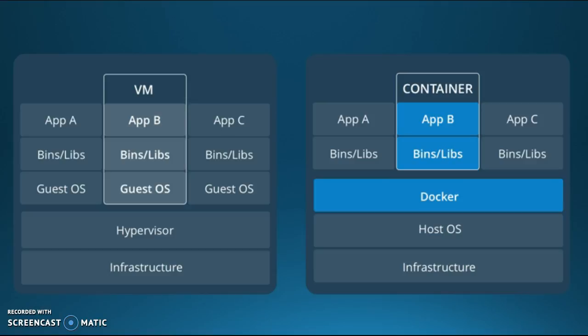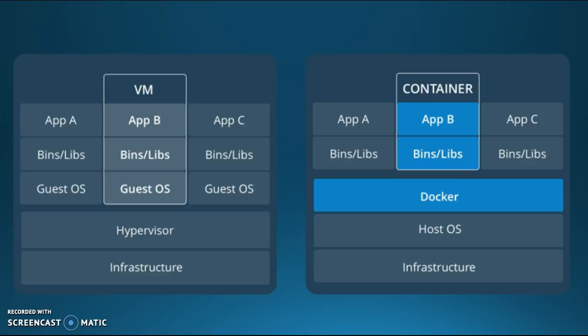So I have 3 additional operating systems, and each one of those has one app running on it. And they all include their necessary binaries and libraries. Now, this tends to take up a lot of space and a lot of memory, so a lot of the resources of the host server are being used by these virtual machines.